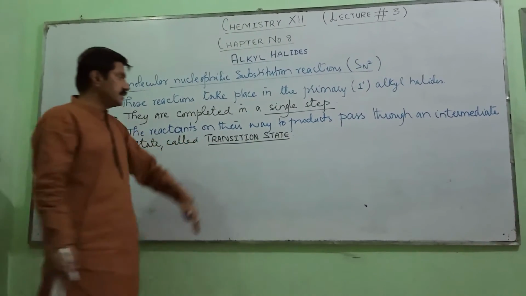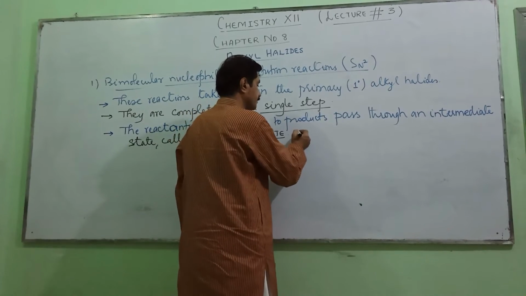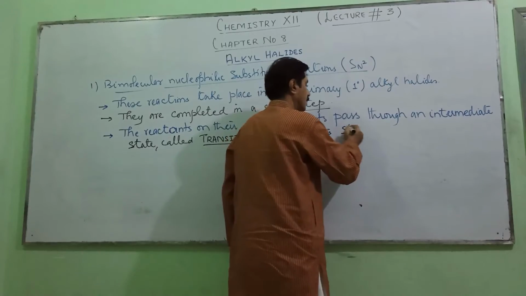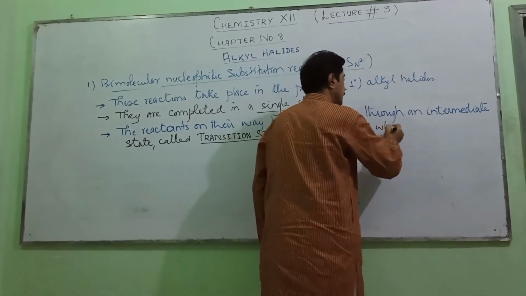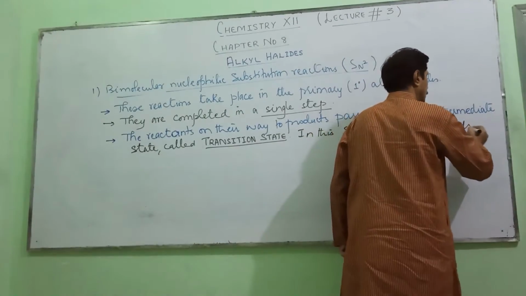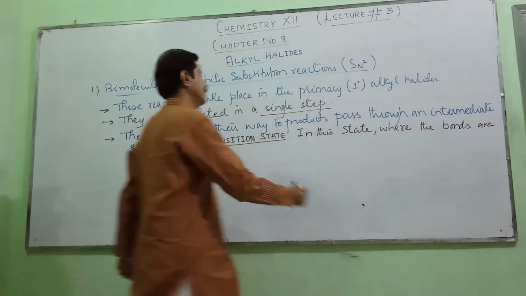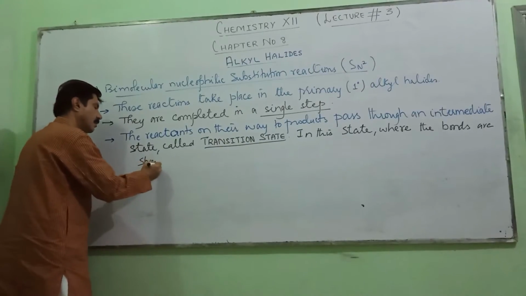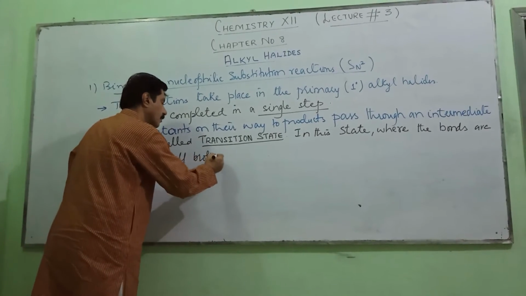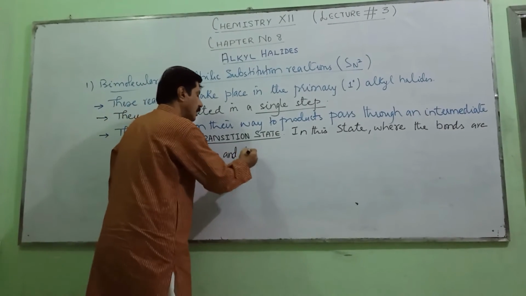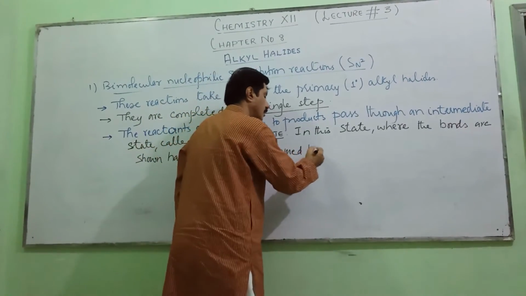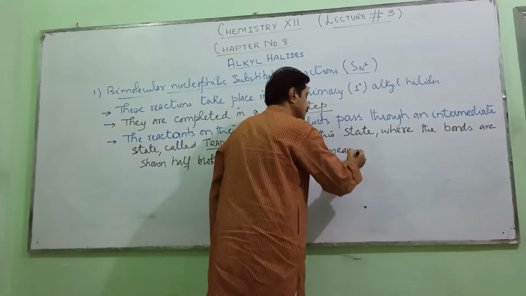Dear students, transition state is the state where the bonds are shown half broken and half formed by means of the dotted lines.